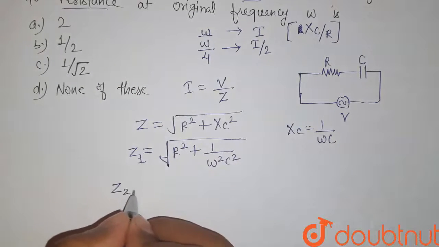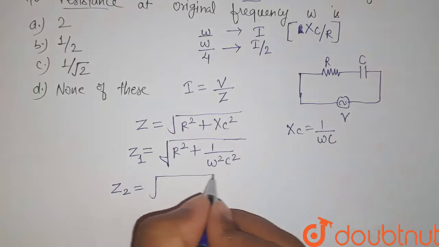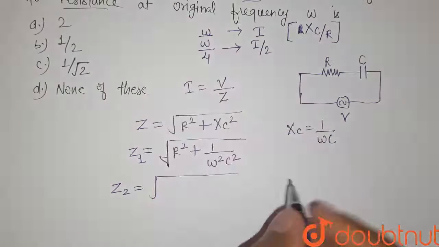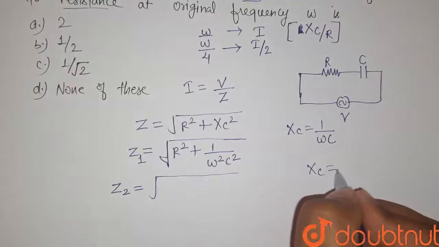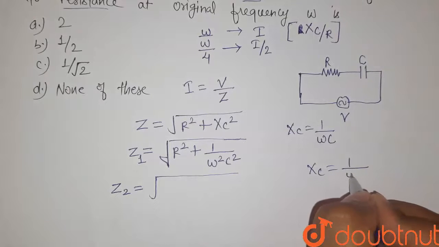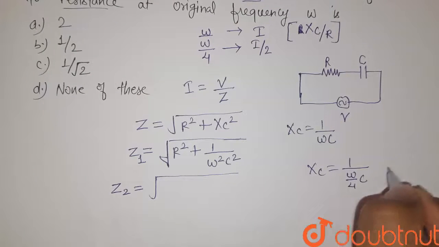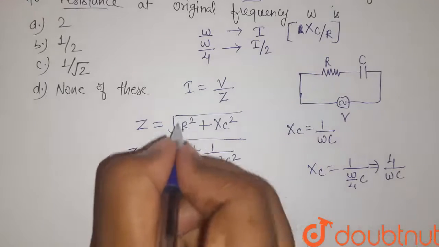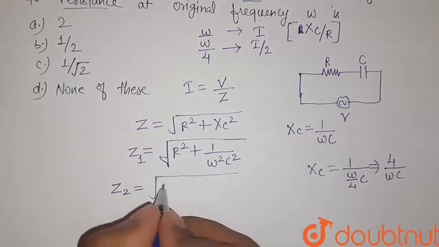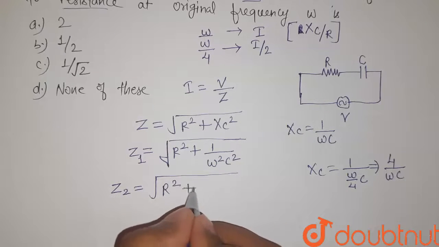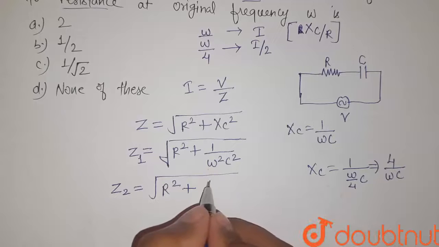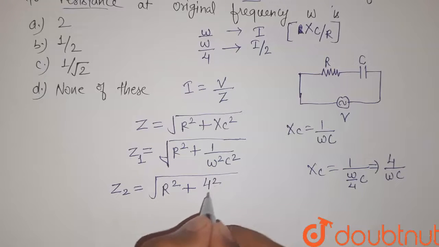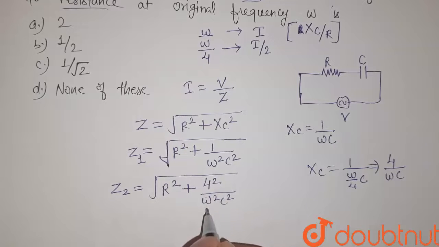Now, in the second case, when the frequency becomes omega by 4, XC will be equal to 1 upon omega by 4 into C, that is 4 upon omega C. Now put this value here, so we have R square plus XC square, that is 16 divided by omega square C square.